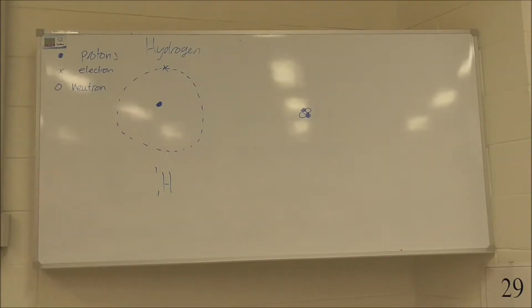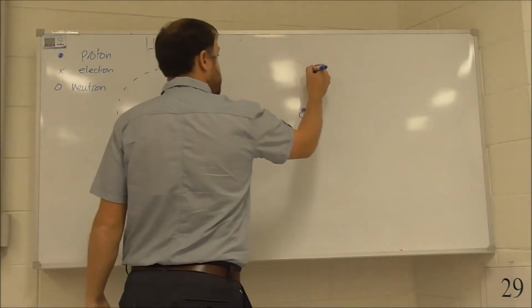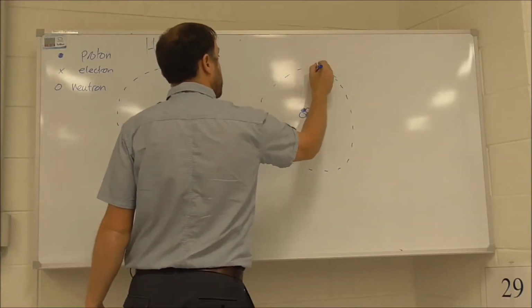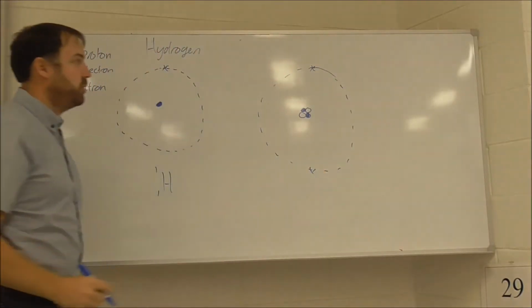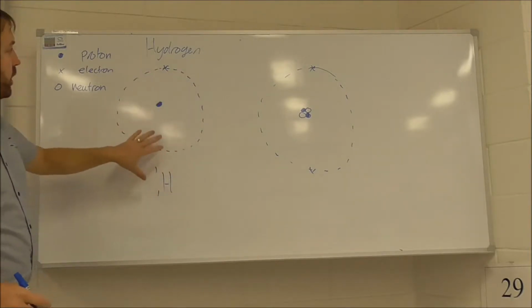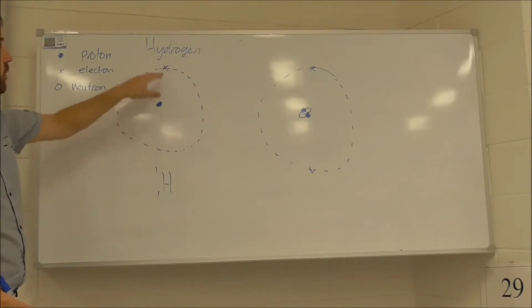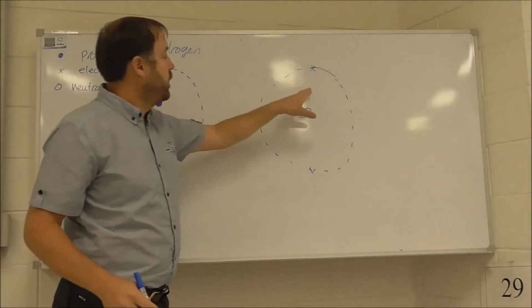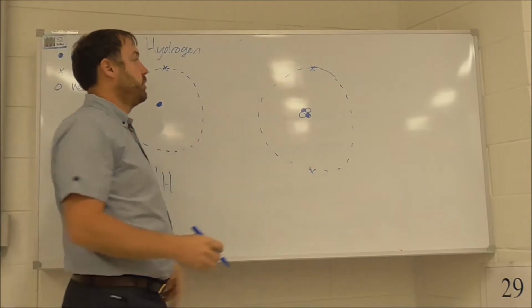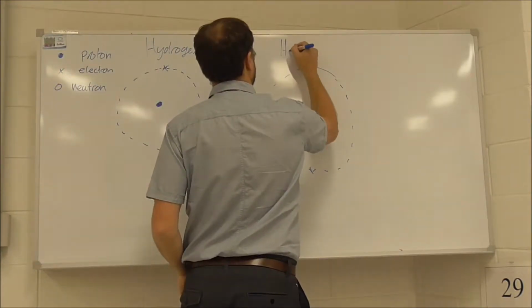So we've got 2 protons, 2 neutrons, and we also have, in the shell around it, 2 electrons. So we've got one shell for the hydrogen, with 1 proton and 1 electron. In helium we have one shell with 2 electrons in it, and there's 2 protons and 2 neutrons. So that's helium.